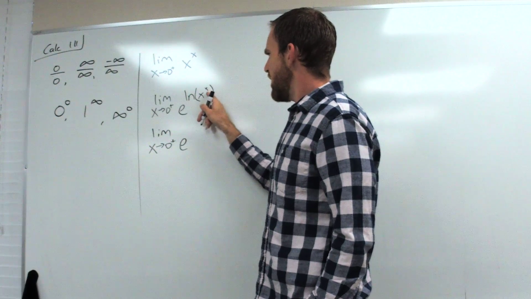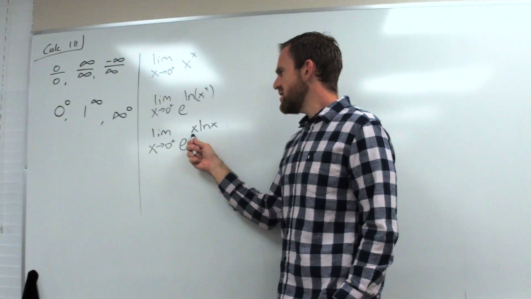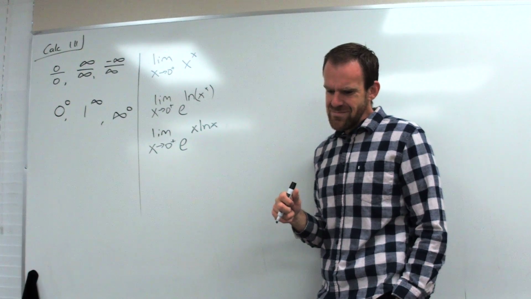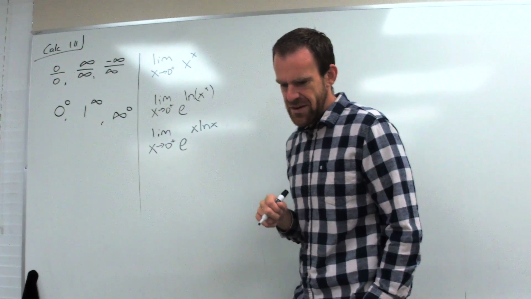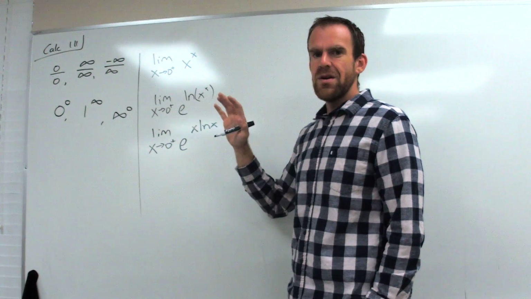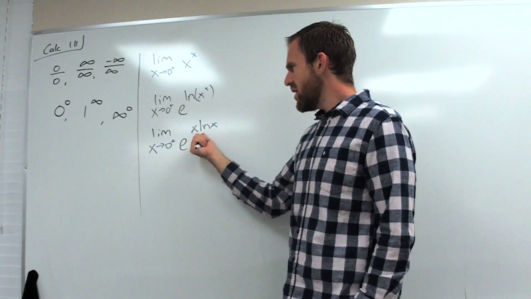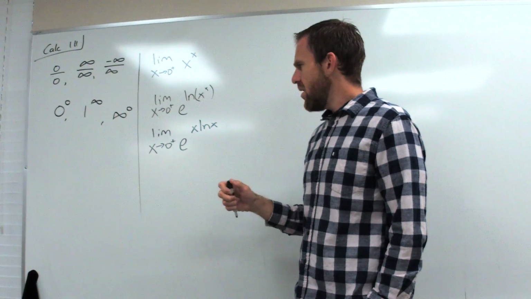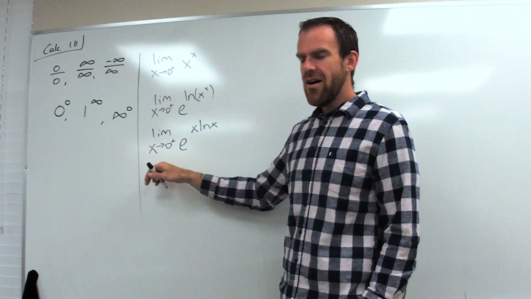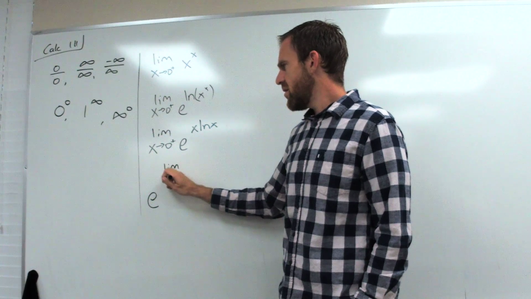Of e to the, now if I bring down the x, I get x ln of x. Now I have 0 times negative infinity. Still a little iffy. All right, so what am I going to do now? Well, we can simplify this a little bit by bringing out the e. Since e to the really doesn't matter, e doesn't depend on x at all, so I can pull that out and then evaluate the limit inside here.